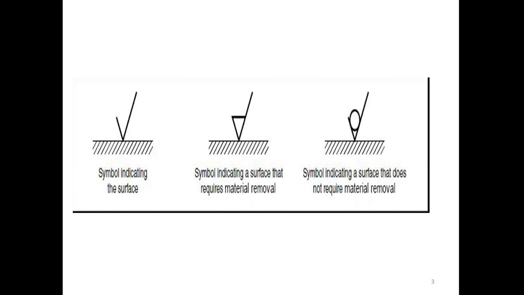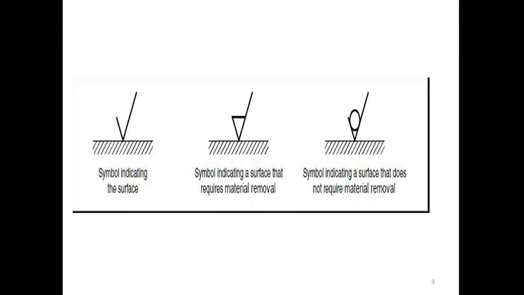Here we will take a small review of the last lecture about surface roughness. In the last lecture we already studied that there are three symbols for indicating the surface. First, the basic symbol indicating the surface.